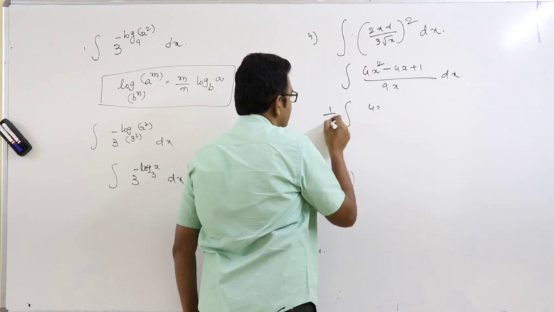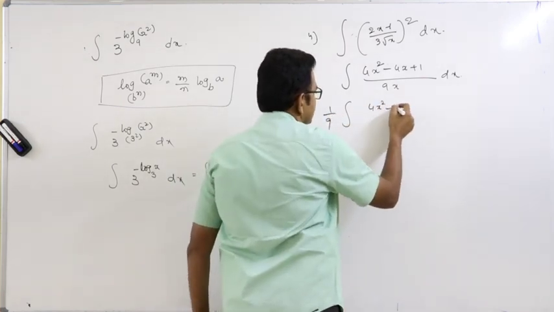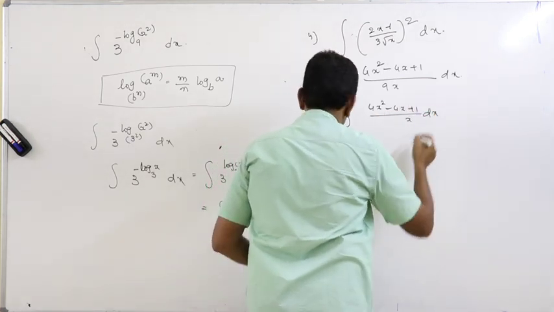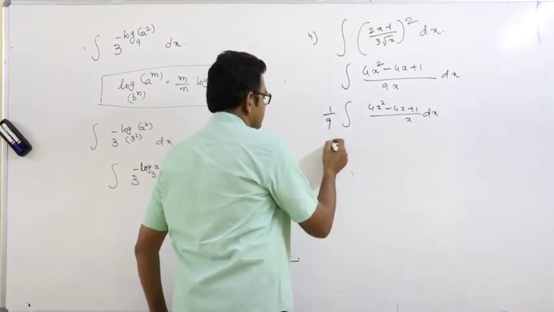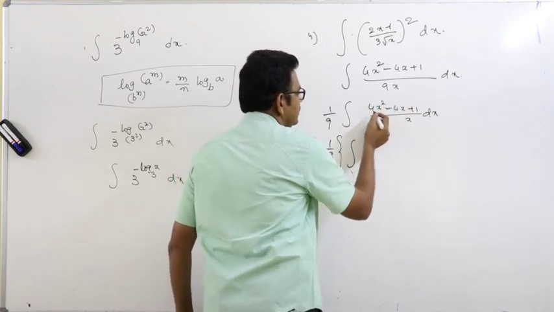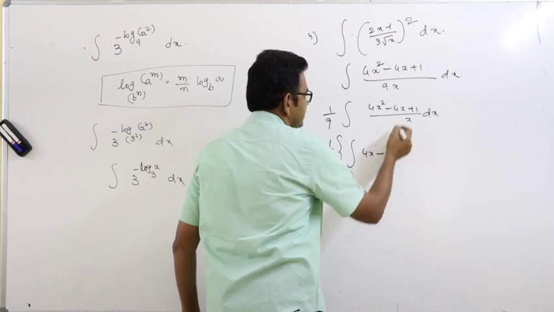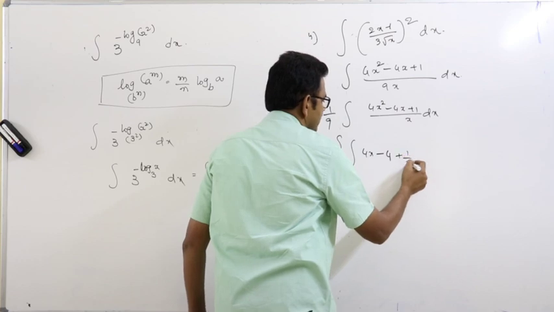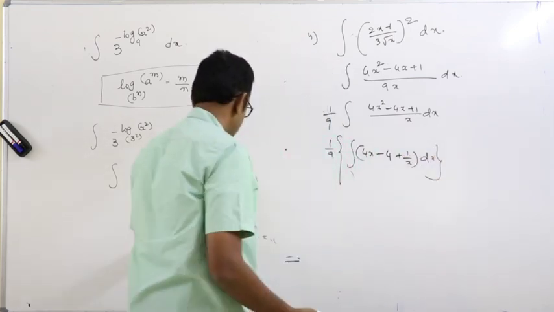You write 1 by 9 because this is a constant, integral 4x square minus 4x plus 1 by x dx. So this is 1 by 9 into integral 4x square by x, that is 4x, next minus 4x by x, that is 4, plus 1 by x dx.